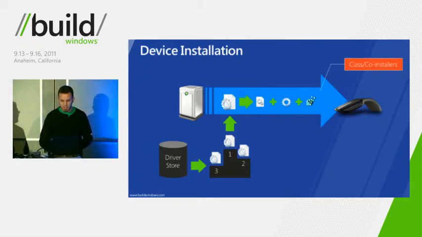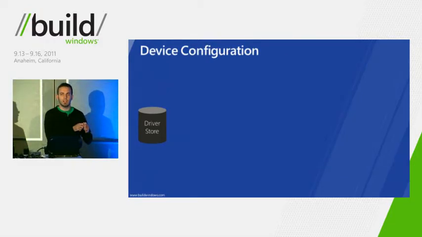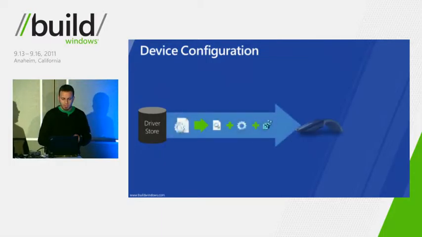Keeping that in mind, what we've done with device configuration is turn the device installation model on its side. A lot of these operations that happen only once the device actually arrives in the system, we can do ahead of time, because we already have the full driver. We have all of the settings.